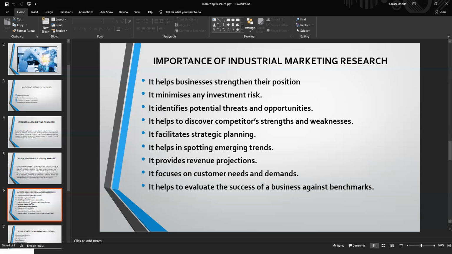So we need this marketing research. With its help, it is possible to identify potential threats and opportunities. Both primary and secondary research can be utilized in framing policies to overcome dangers.